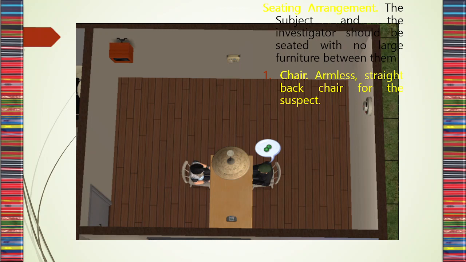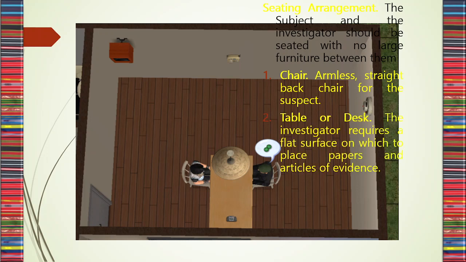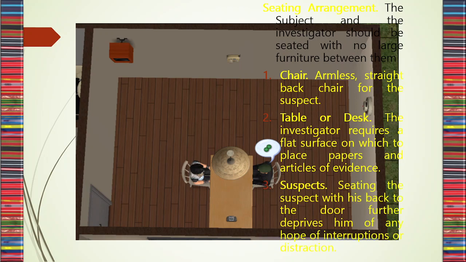So no arm or desk. Table or desk: the investigator requires a flat surface on which to place papers and articles of evidence. So we have here the table and the suspect.